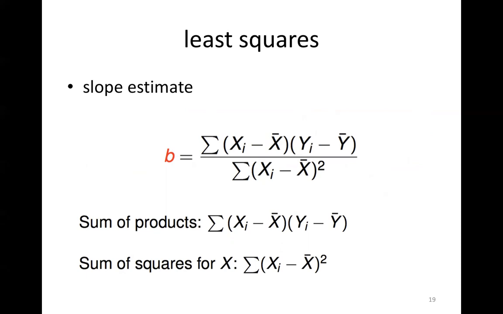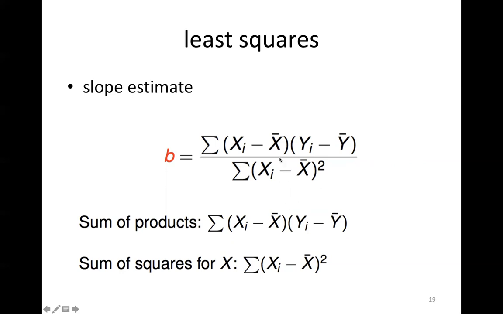As you might remember, in the correlation coefficient we had the sum of products in the numerator and, in the denominator, the product of the sums of squares of x and y, but with the square root. Here it's slightly different in that in the denominator we don't have y, we just have x.